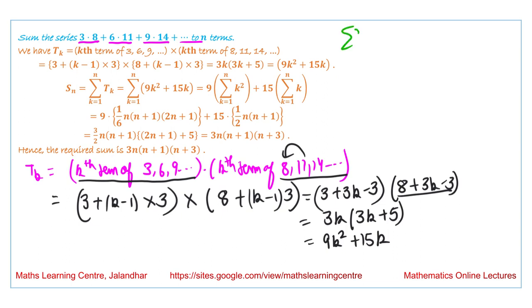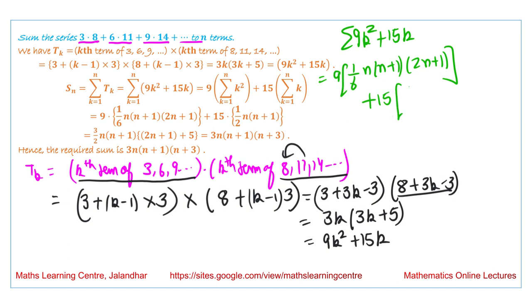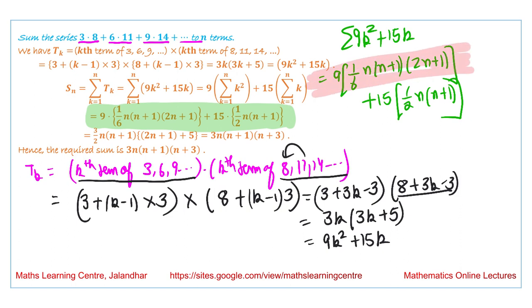Now we have to calculate the value of sigma 9k square plus 15k. We are writing the answer as 9 into 1 by 6 n into n plus 1 into 2n plus 1, then plus 15 into 1 by 2 n into n plus 1.